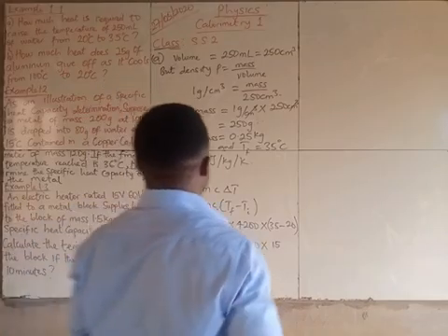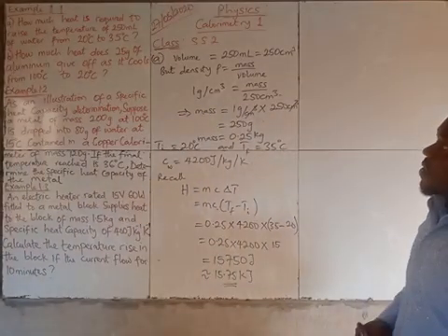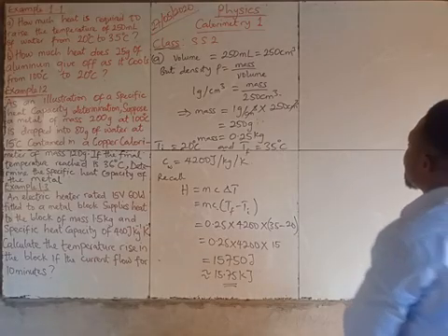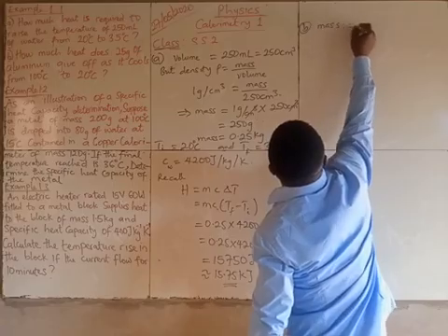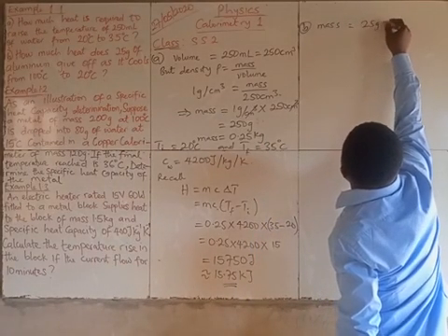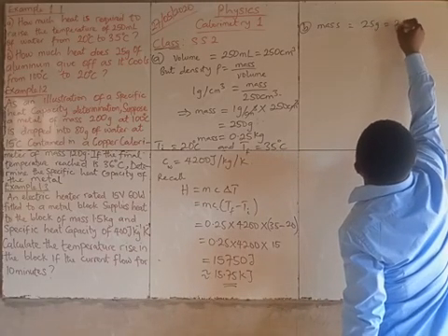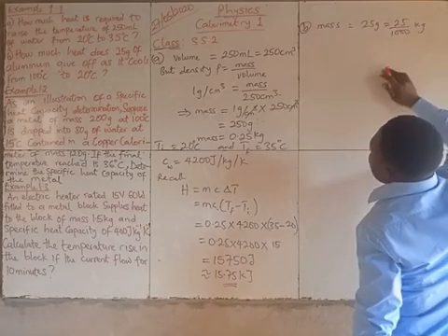Now let's go to question B. How much heat does 25 gram of aluminium give off as it cools from 100 degrees Celsius to 20 degrees Celsius? Here we are given the mass of aluminium to be 25 gram, or divide by 1000, you have 25 over 1000, and this goes to kilogram.